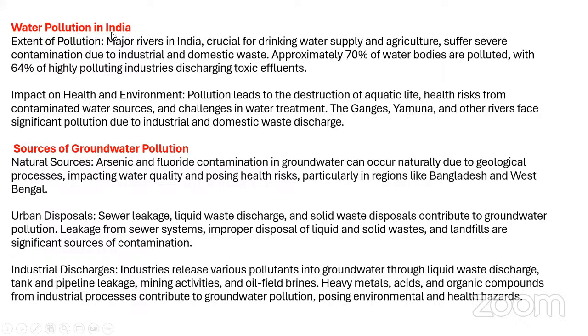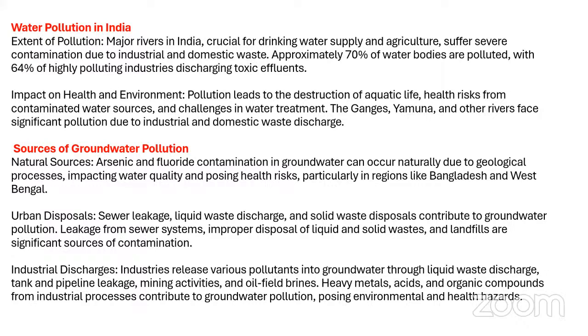Okay, this is water pollution in India, and these are the sources of groundwater pollution, like industrial discharge and urban discharge. A number of times I have discussed what the pollutants are, what the activities related to those pollutants are, and what the groundwater quality is, including the chemical, biological and physical parameters.